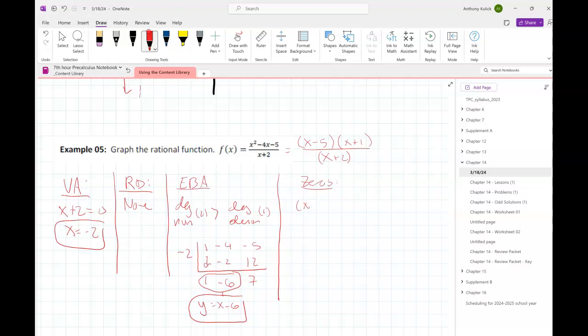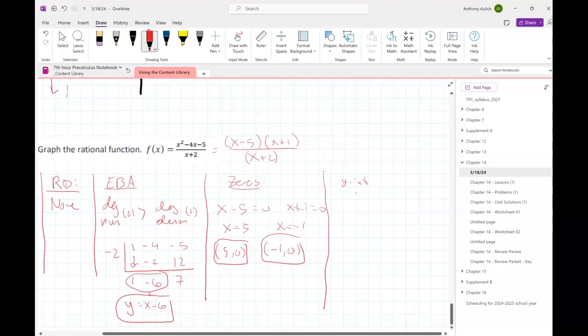The zeros, we're going to take the, just say the factors from the numerator and set them equal to 0. And the last is I want that y-intercept.